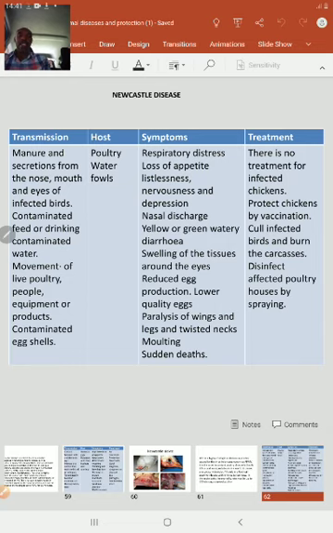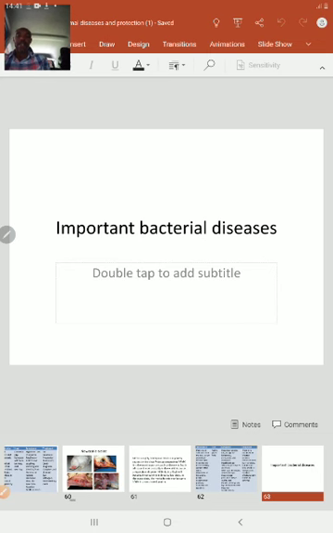Respiratory distress, loss of appetite, nervousness. So there's no treatment even for this one. So you just need to cull and to kill all those that are infected.